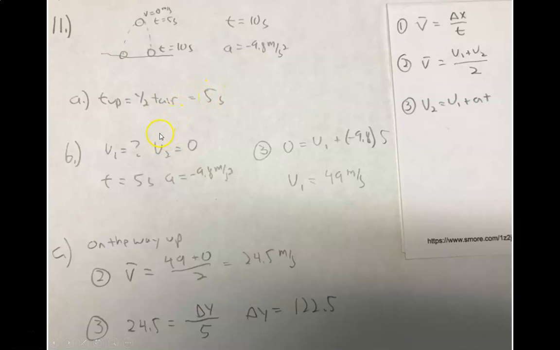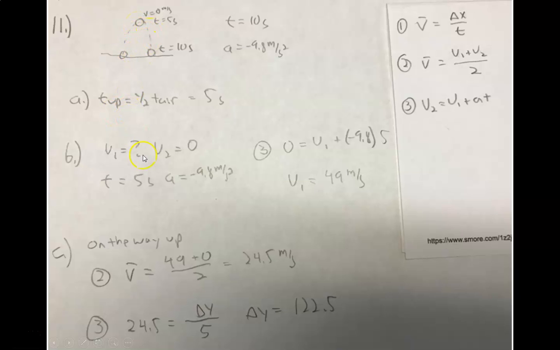And then for this question, we'll use equation 3 a little differently. We're trying to figure out how fast it was moving here, so this is going to be our V1. V1 is what we're looking for, how fast it left the ground. This is still going to be our V2, and we're going to ignore the last 5 seconds and just go from 0 seconds to 5 seconds.